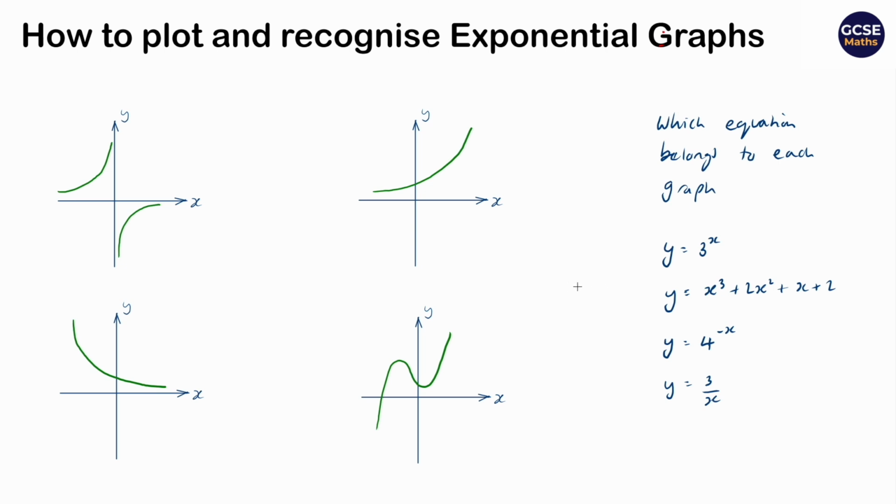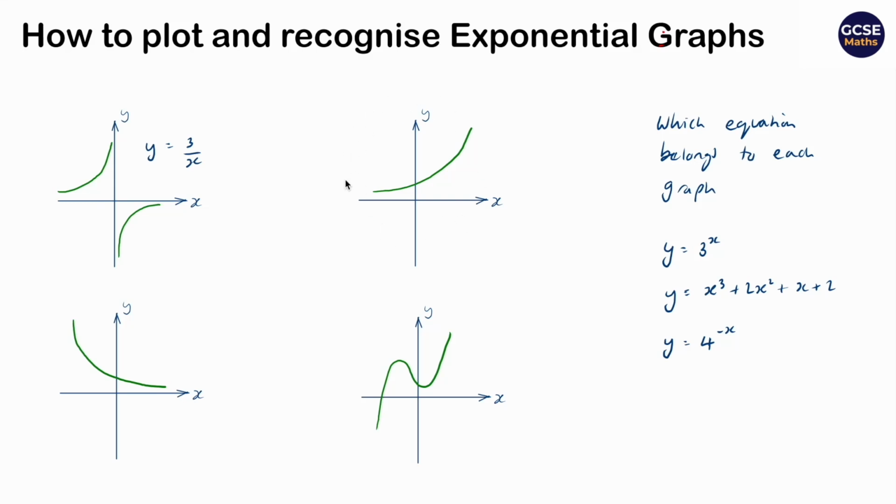So if you've watched the previous videos, hopefully this will be straightforward. So this first graph, we should remember that that is a reciprocal, and a reciprocal has y is equal to k over x. So it's this one here, y is equal to 3 over x. This one here we've just done, that is exponential growth.